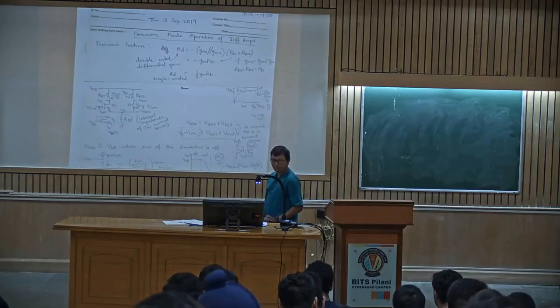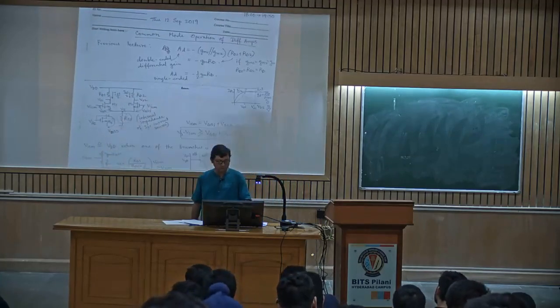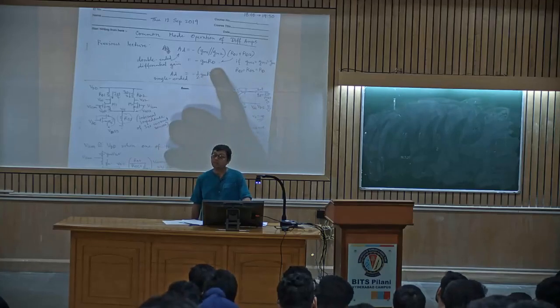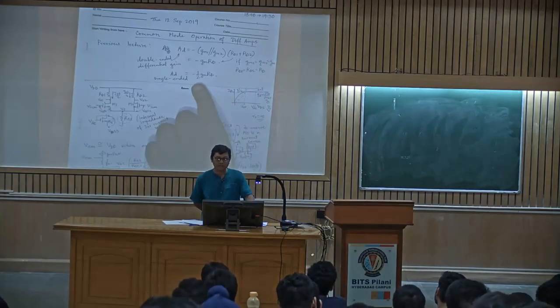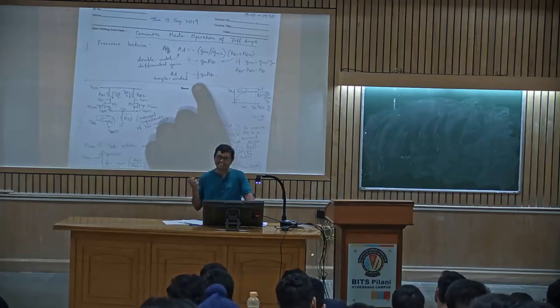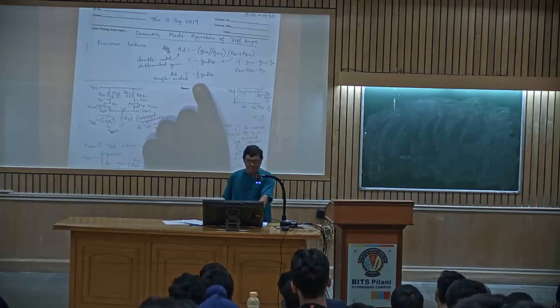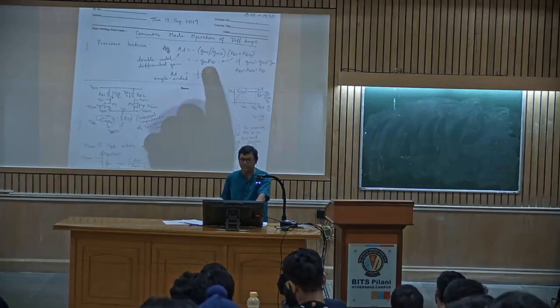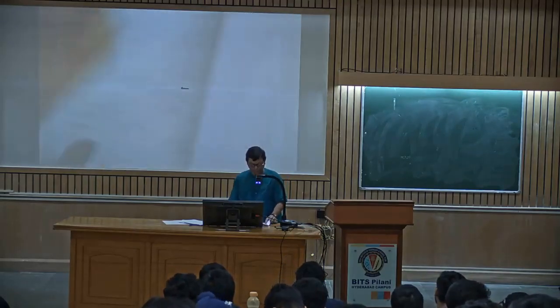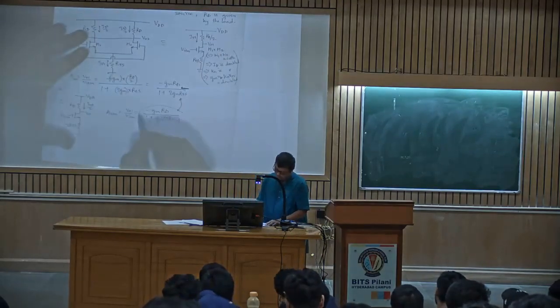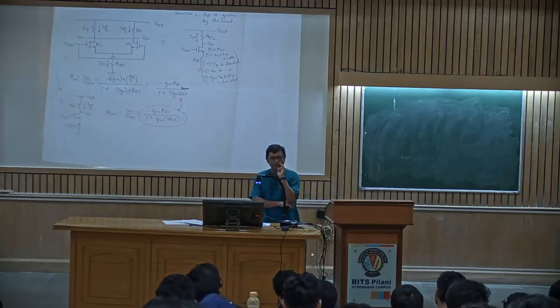In the previous lecture, what was the value of AD? We will consider double-ended. Again, Sedra-Smith has done single-ended. But if we want single-ended, why did we do the differential amplifier at all? So we will take the double-ended one, GMRD. So this is the gain in the differential mode. This is the gain in common mode.